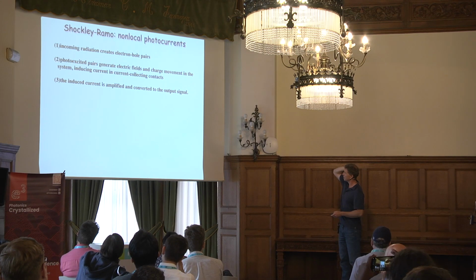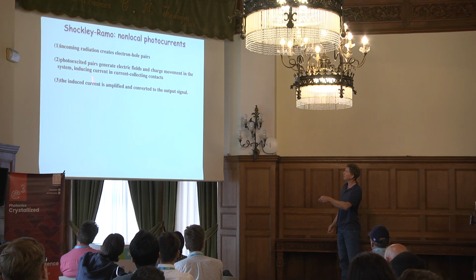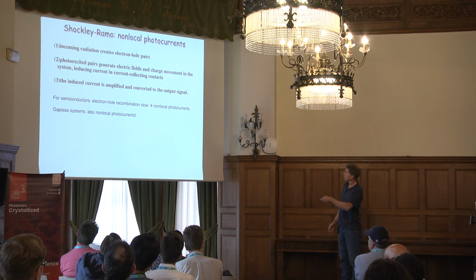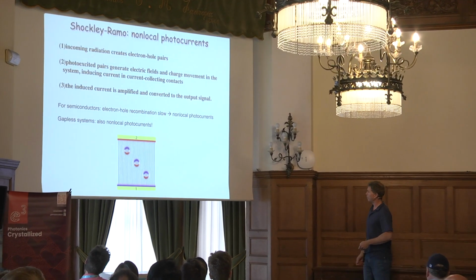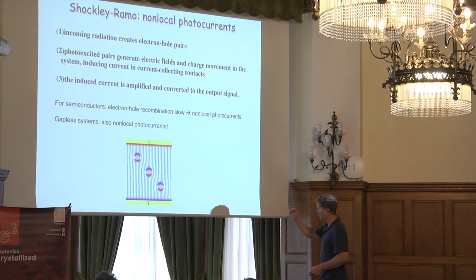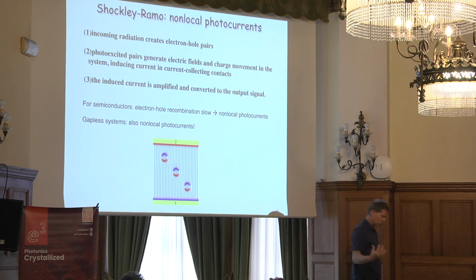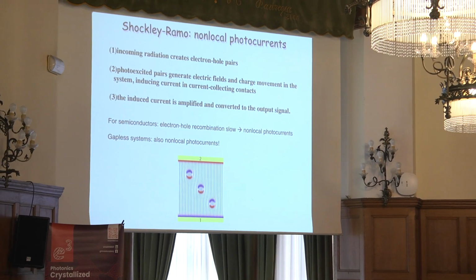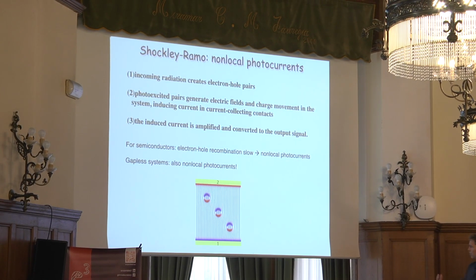So I already mentioned that there are multiple steps in the photocurrent generation mechanism, and the mechanism that you locally perturb the system and then globally can probe it goes all the way back to the old days of Shockley, who you probably know very well by name, and Shockley and Ramo already predicted non-local photocurrents, which basically aligns with this picture that I mentioned before, right?